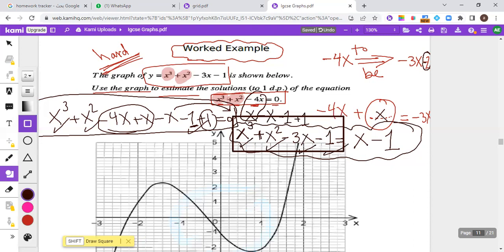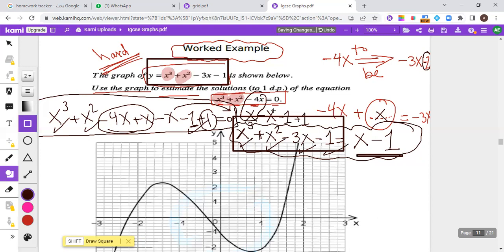See this part now, and the part in the question. They are the same or not? They are the same. So now I did my job. Equals what? Equals x minus 1.